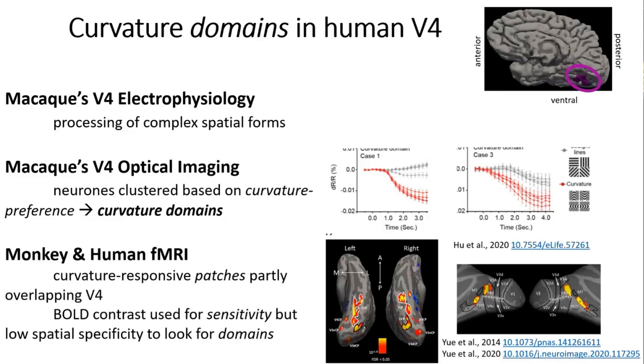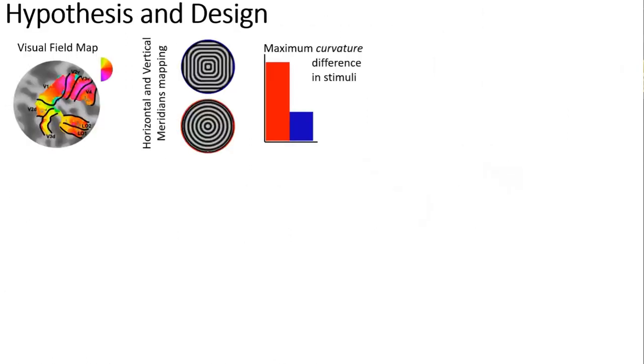So part of my project here was to use a higher resolution and dig deep into some of these areas, specifically V4, and see if we can identify these domains, these stripy patterns or columnar organization for curvature in humans.